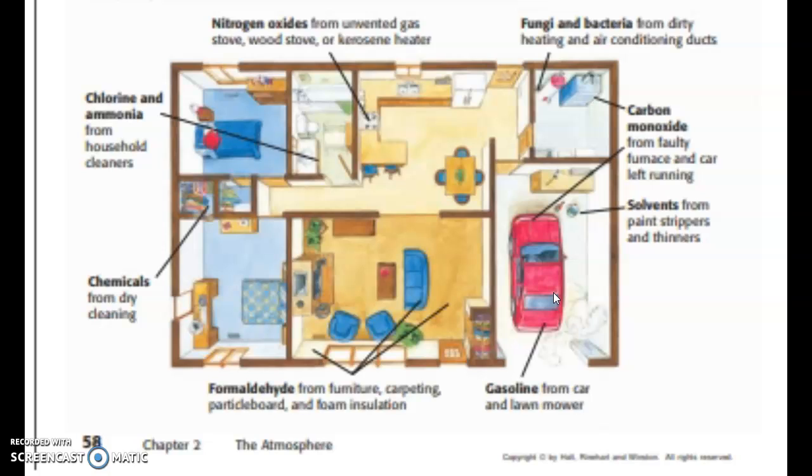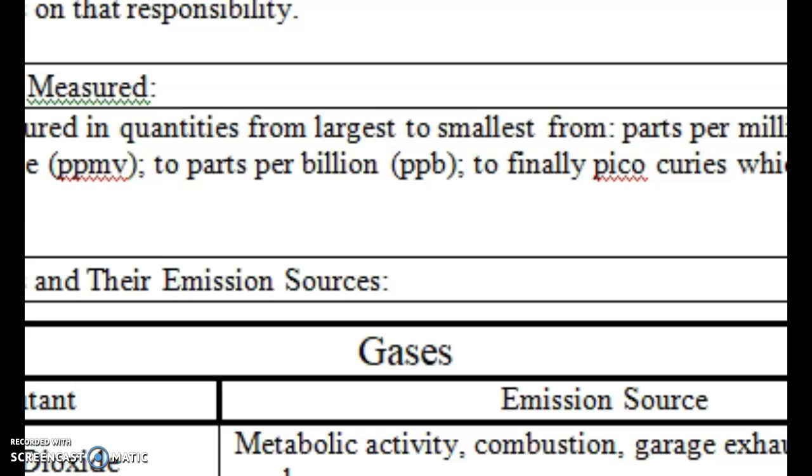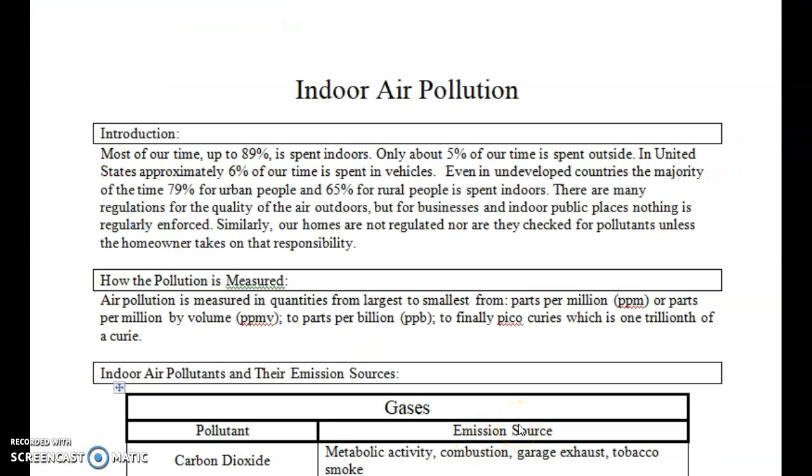That's why there was a huge phase where people considered buying electric cars instead of those that require gas, because they're more healthy for our environment. But these are only some examples. There are so many other examples that we wouldn't even have considered that cause air pollution within our own homes.